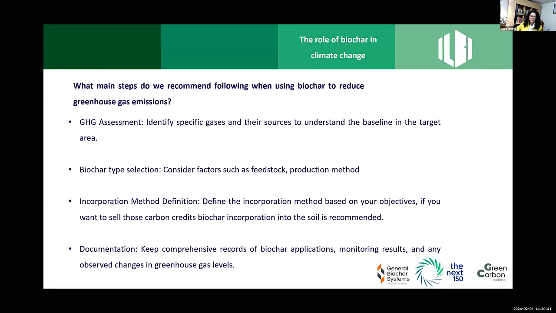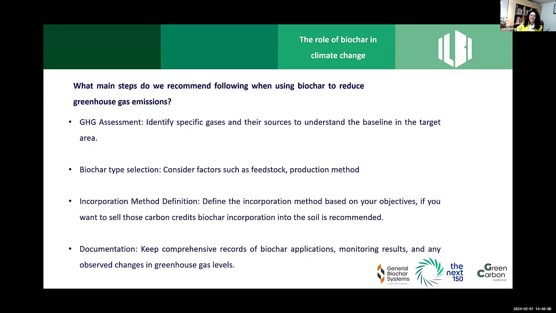First, know the baseline that you have. Know your target area. How are the greenhouse gas emissions in the area that we already have? And then understand the baseline. Of course, you also understand the biochar effects in order to reduce those greenhouse gas emissions when we apply it.